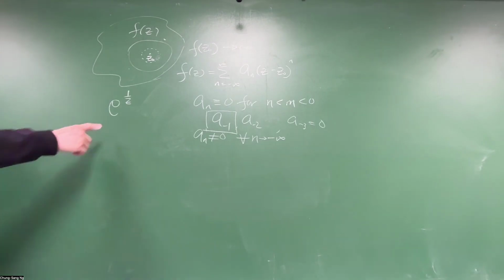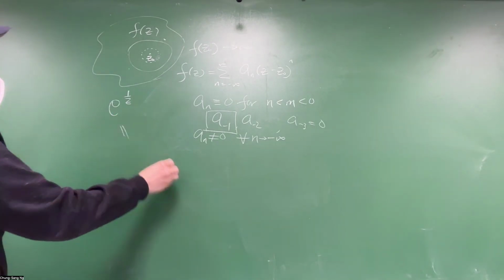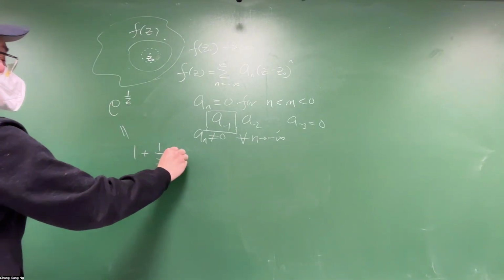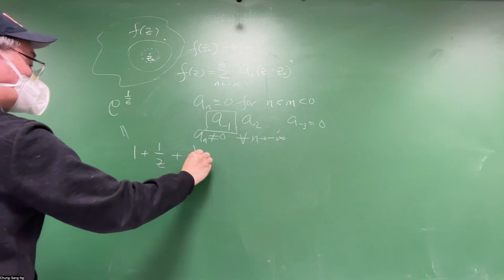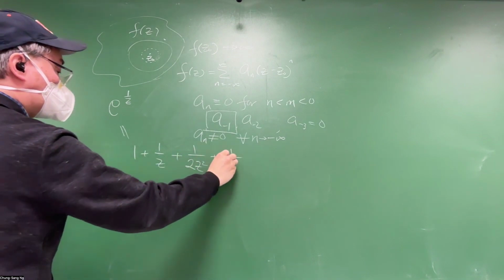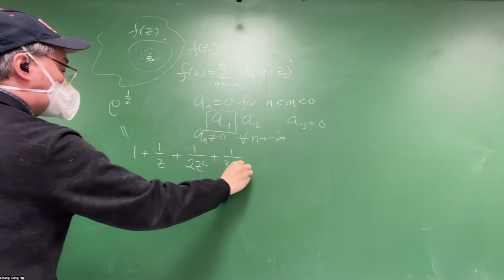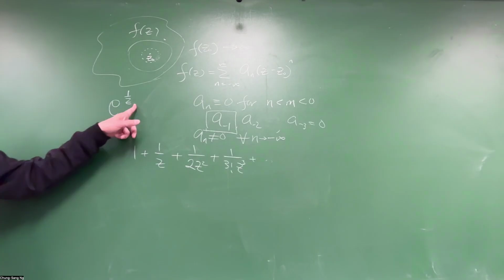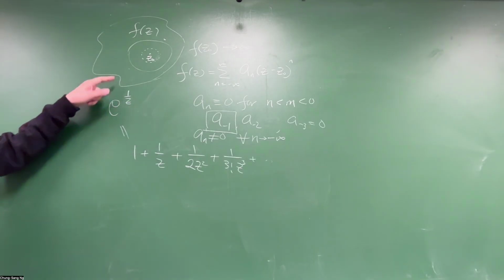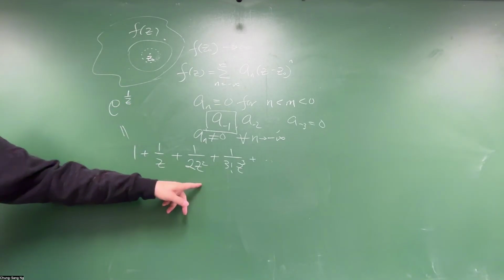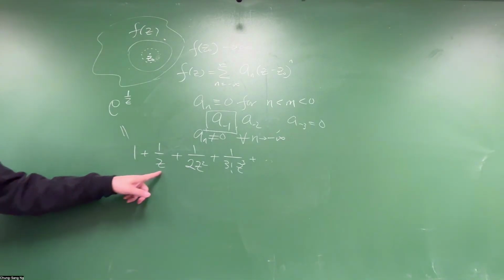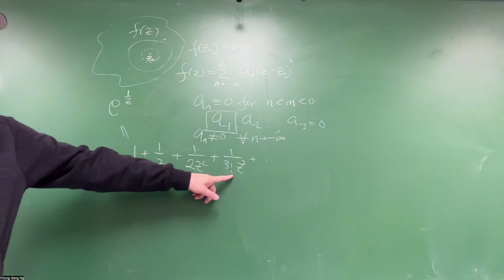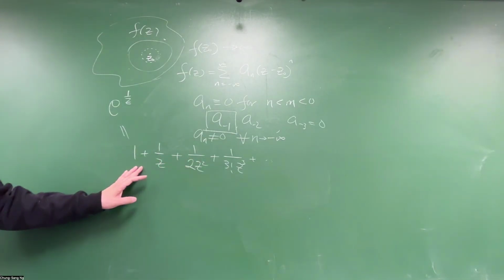Obviously that is 1 plus 1 over c plus 1 over c squared over 2 factorial, and so on, right? That's like you're doing the Taylor expansion of a function with 1 over c as your variable, and you get a series with inverse power of c. And this is a Laurent series.